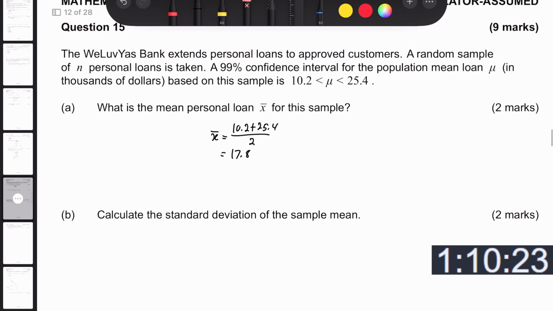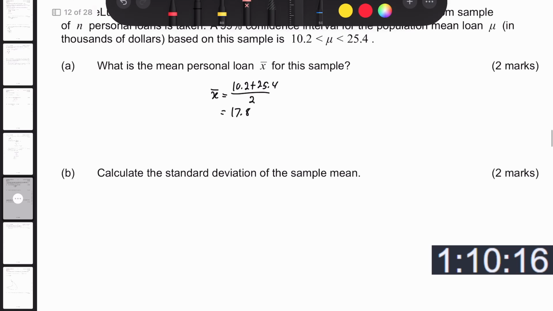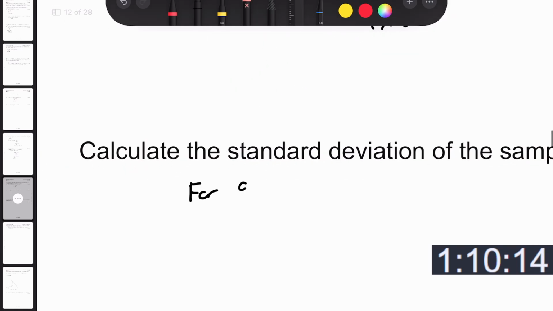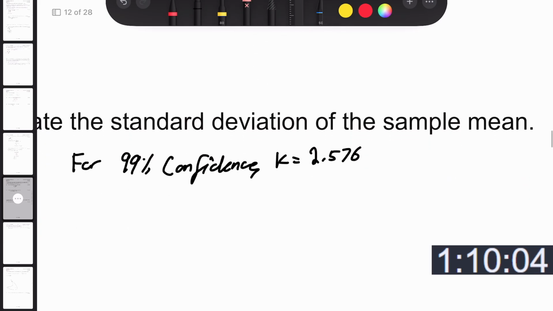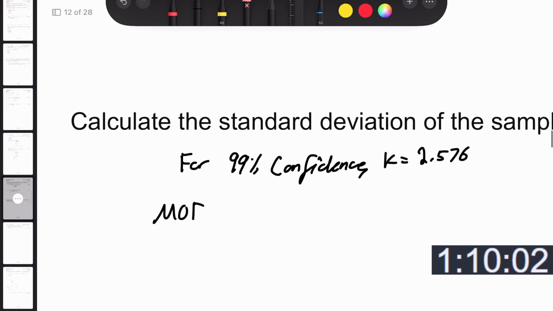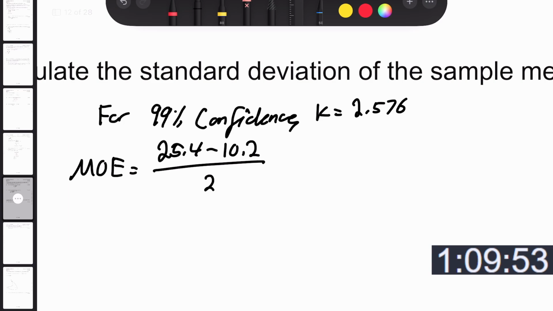Calculate the standard deviation of the sample mean. Okay, so for 99% confidence, k is equal to 2.576, and then we have margin of error is going to equal 25.4 minus 10.2 all over 2, so we get 5.2 divided by 2, so 2.6.